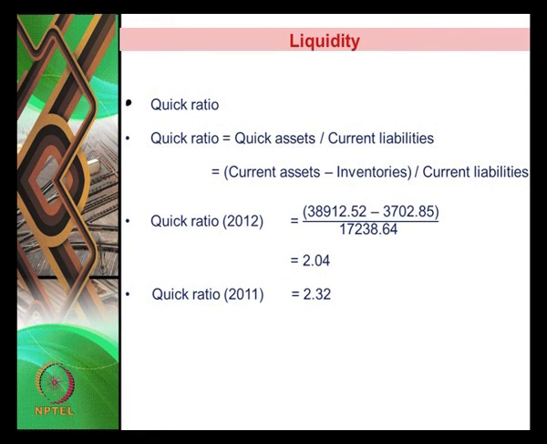Another indicator of liquidity is what is called your quick ratio. Quick ratio is a more conservative estimate of the company's liquidation ability.